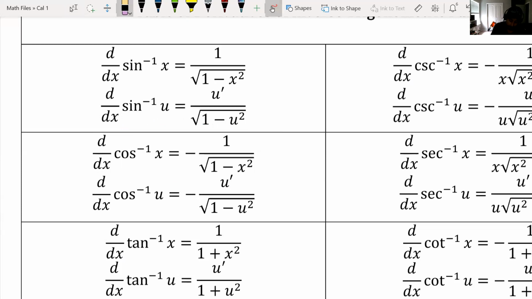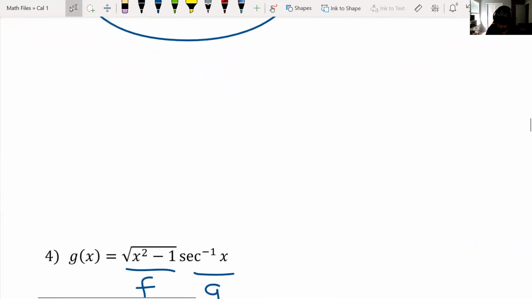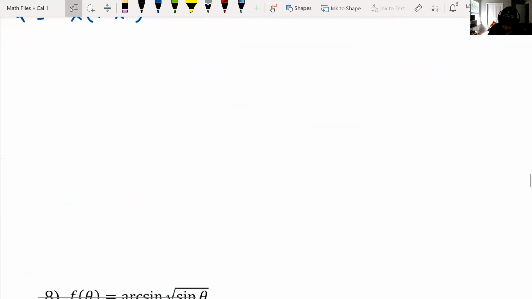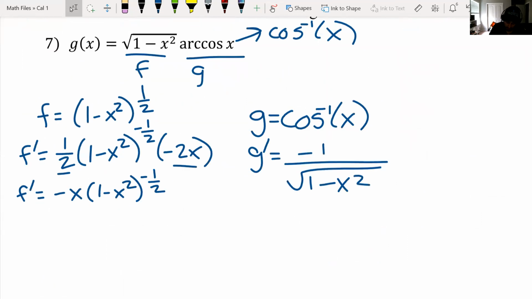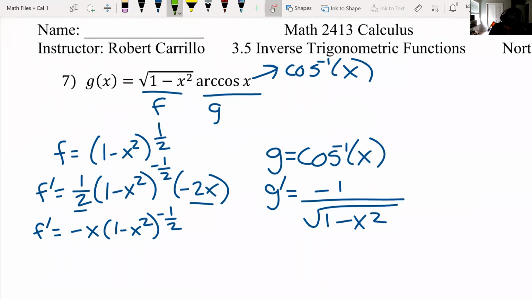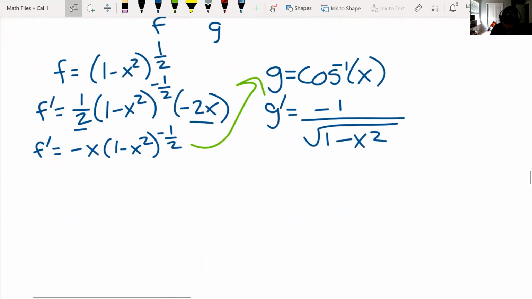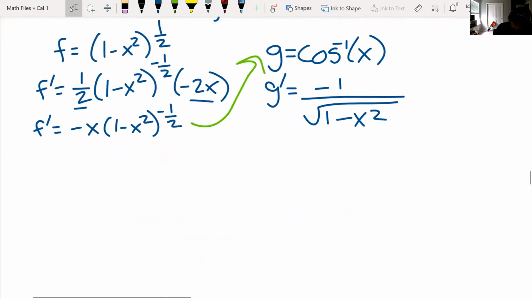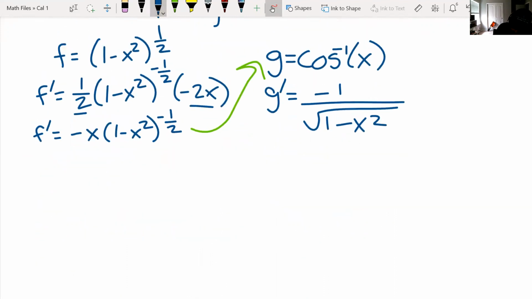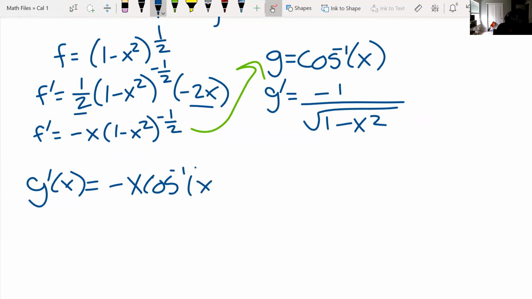Okay, follow your product rule. F prime G. That was G of x, so we get G prime x equals negative x cosine inverse of x.